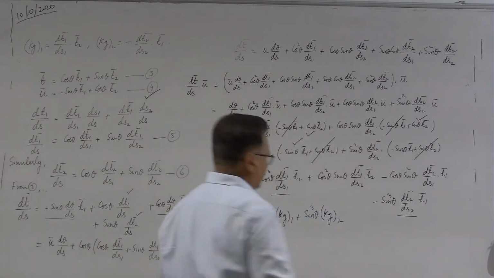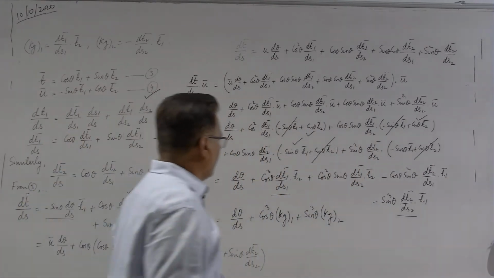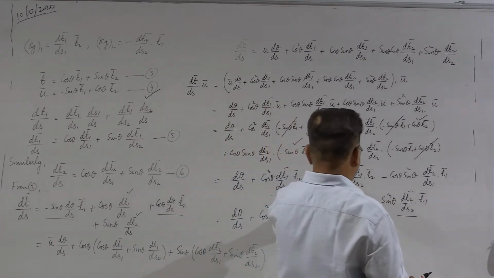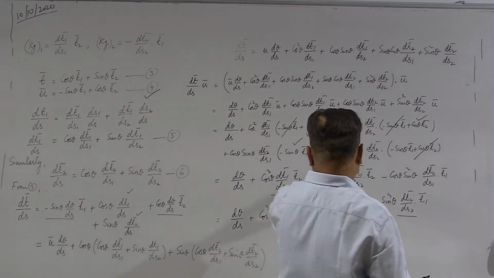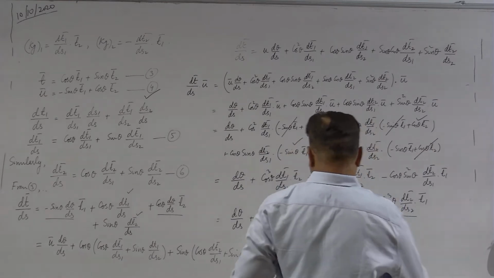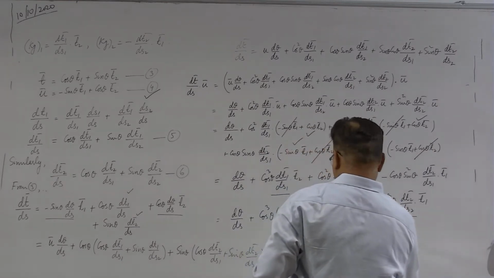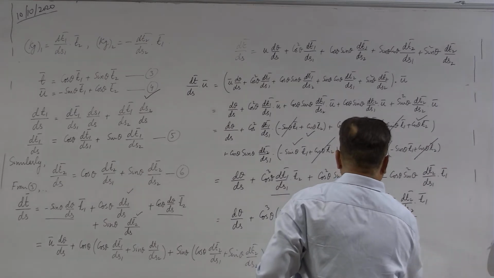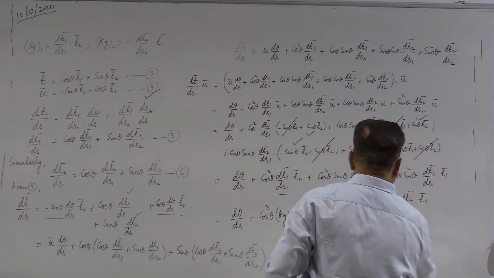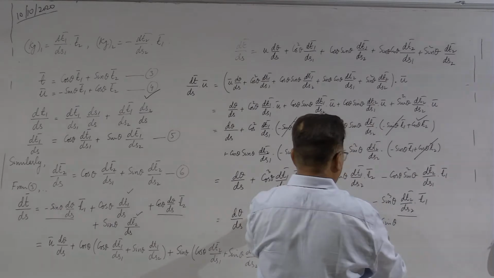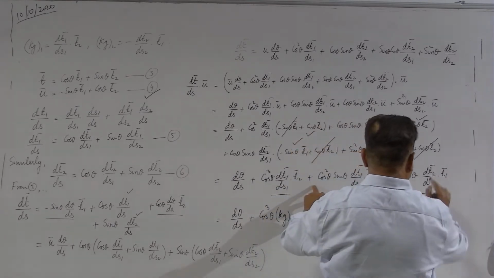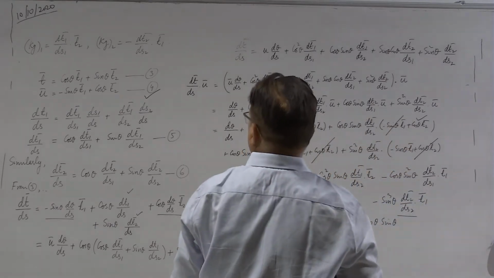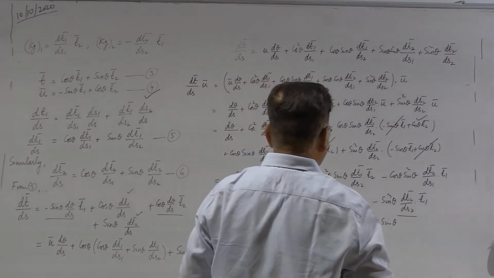If I take cos theta sin theta common between these two terms, dt2 upon ds1 is not there.